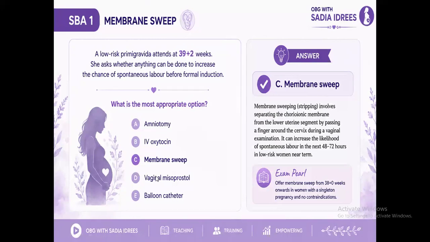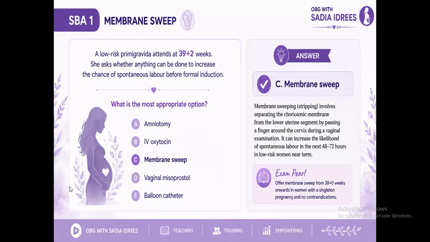A membrane sweep is not the same thing as amniotomy. During a vaginal examination, if the cervix admits a finger, the examining finger is passed through the cervix and rotated to separate the membranes from the lower uterine segment. Why do we do this? Because this local mechanical separation promotes endogenous prostaglandin release and can increase the likelihood that labor will start spontaneously, thereby potentially reducing the need for formal induction.